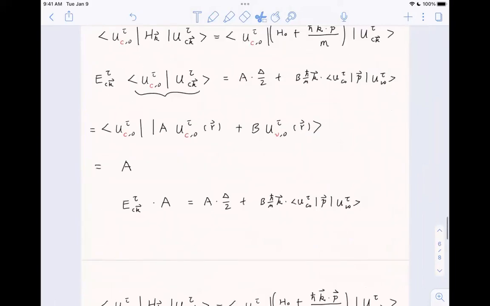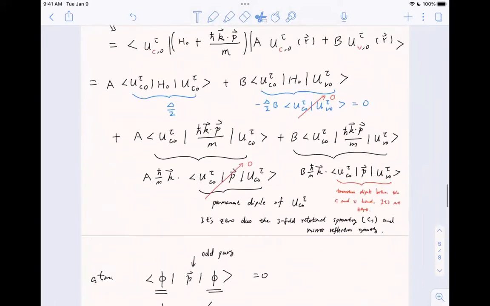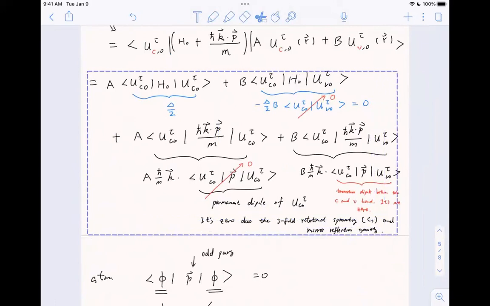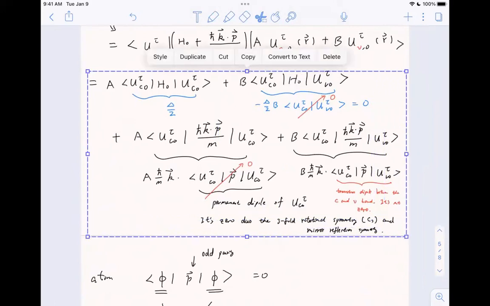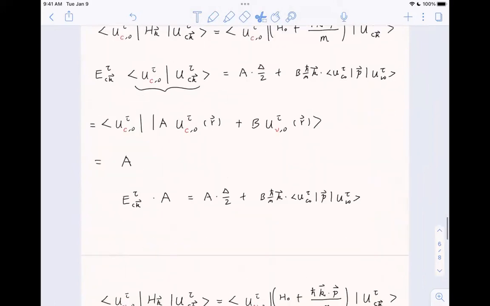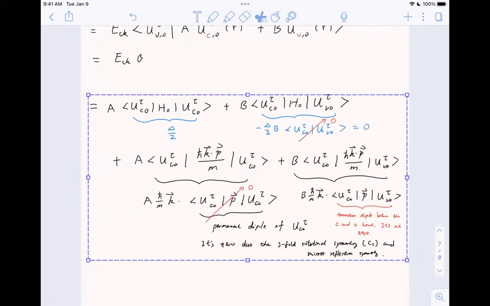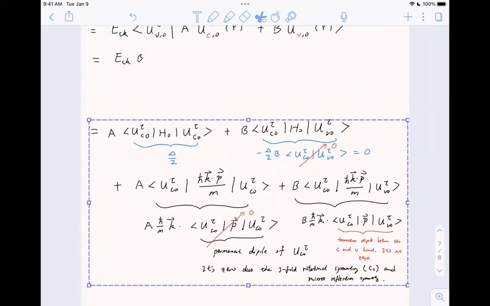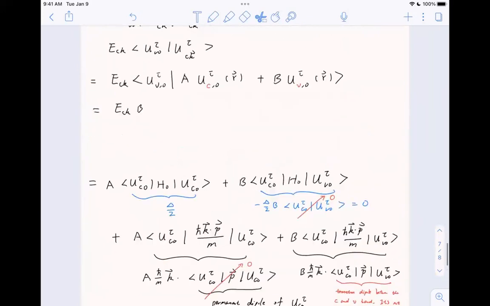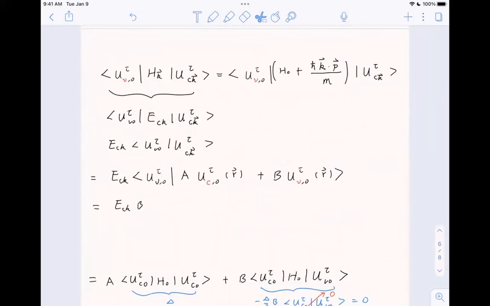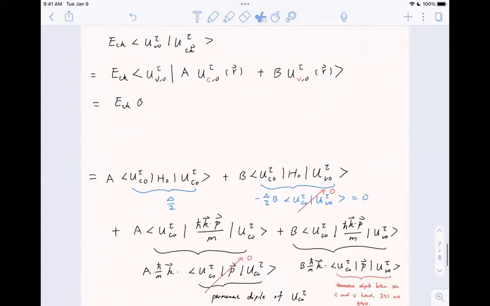Let me copy and paste one more time. Okay, this one. So this one will become like this.